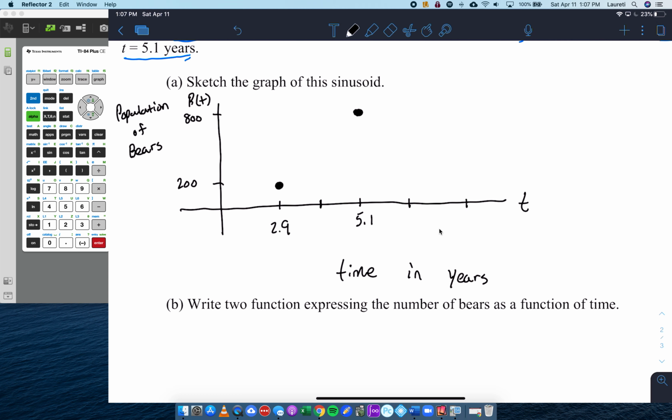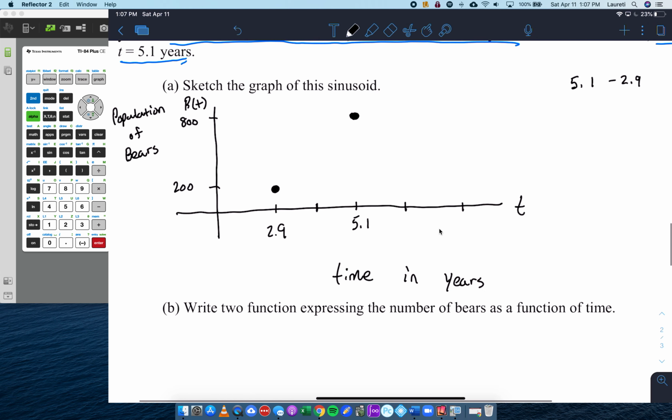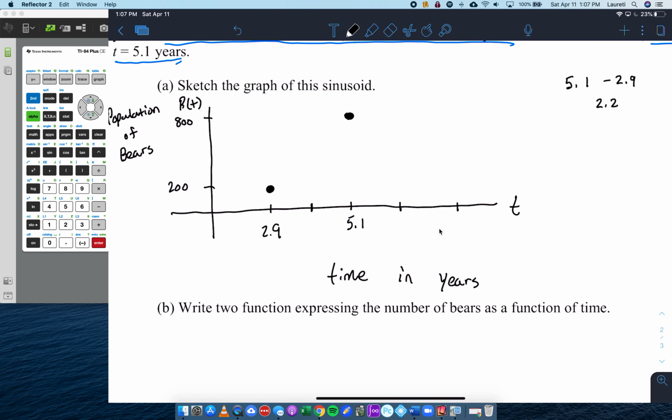Okay, now if you guys do the math, right, you do 5.1 minus 2.9, that's 2.2 years, okay? All right, what does that represent, right? That's half of the period, or half of the cycle, okay? So the full cycle, right, should just be double of that, right?